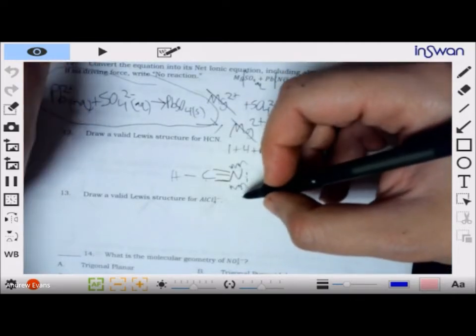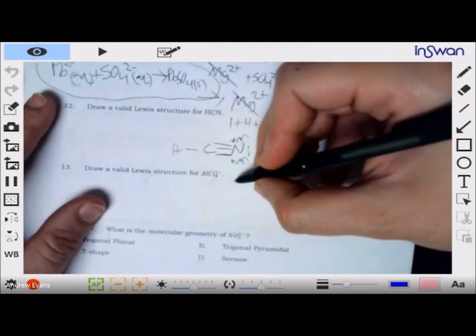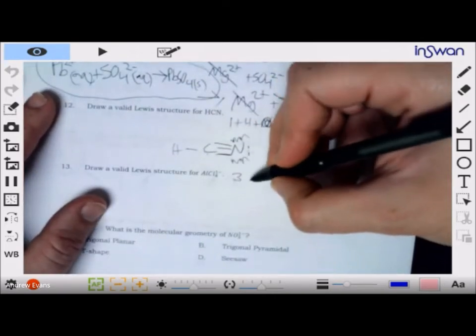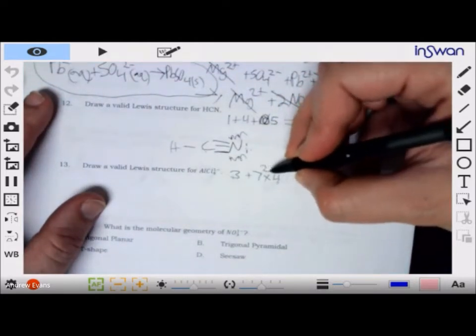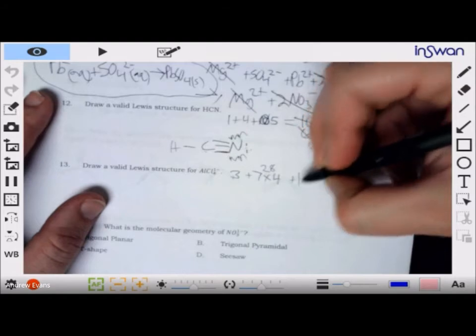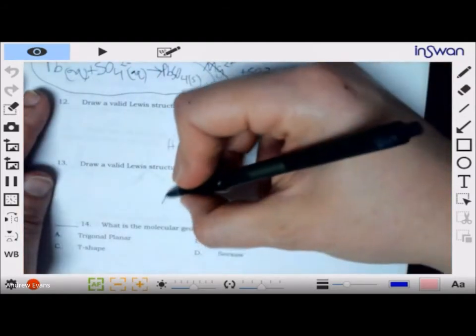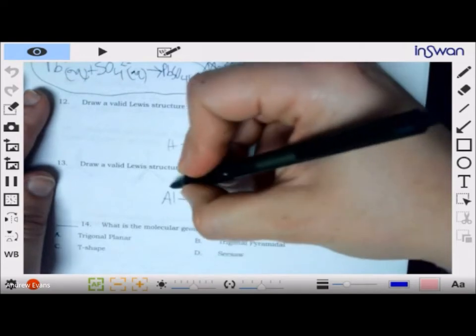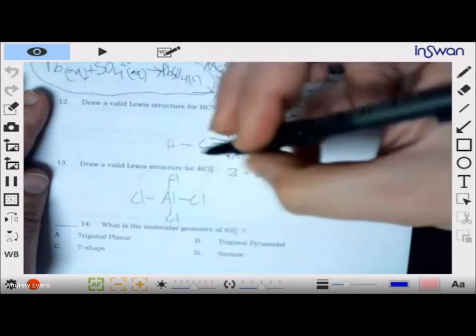AlCl4. Aluminum is 3. Chlorine is 7. 7 times 4 is 28 plus 1, plus 3, is 32. Al, Cl, Cl, Cl, Cl.